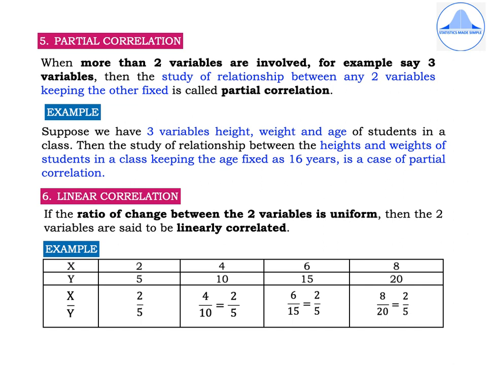Now let's find the ratio x divided by y, which results in 2 by 5, 4 by 10, which is also 2 by 5, 6 by 15, which simplifies to 2 by 5, and 8 by 20 is equal to 2 by 5. So here you see that the ratio of change between the two variables is uniform. So the variables x and y in this example are said to be linearly correlated.